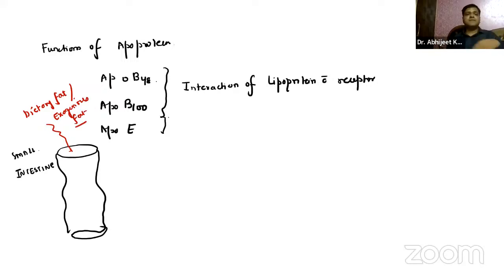You are eating oil, butter and everything, all the fat goes inside and comes to the small intestine. Now what happens? We have these lipid molecules in the form of triacylglycerol or cholesterol, which you are taking from outside.